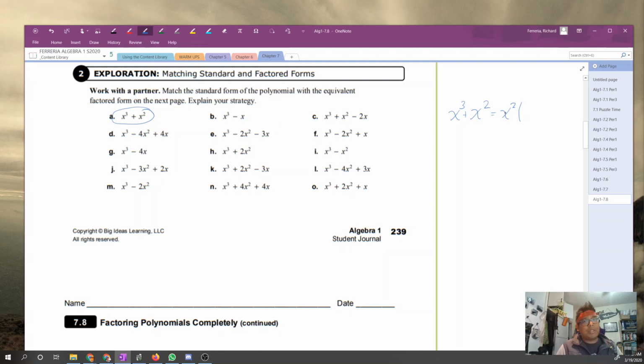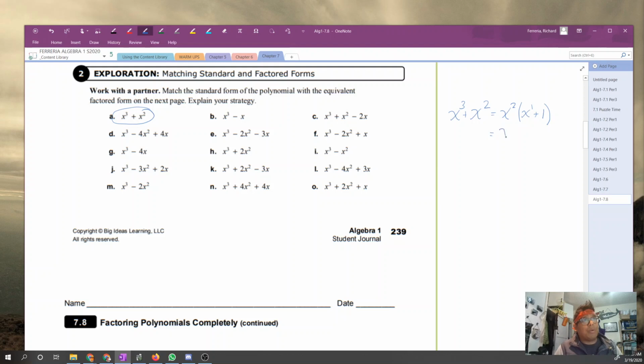And if you undistribute, remember, undistribute means you're going to take those x's and subtract the powers. So you got x cubed and x squared, you're going to undistribute. 3 minus 2 is 1, so that's x to the first power. Then you got x squared. 2 minus 2 is 0. And if you ever get a power of 0, that's just the constant 1.